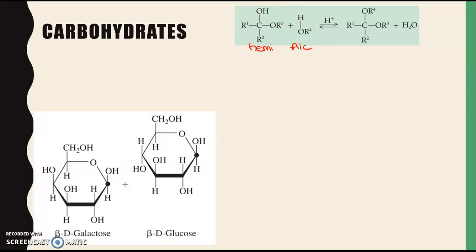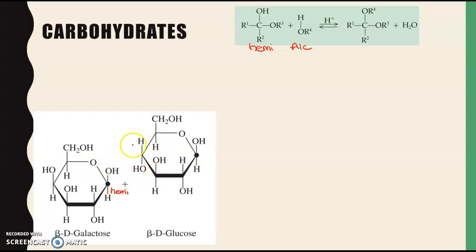So let's look at these two monosaccharides. We have glucose and galactose right here. So when I get these molecules near each other, think of this darkened carbon here, and you can recognize it's a hemiacetal, carbon directly attached to a hydroxyl group and also directly attached to an alkoxy group. So right here we have a hemi.